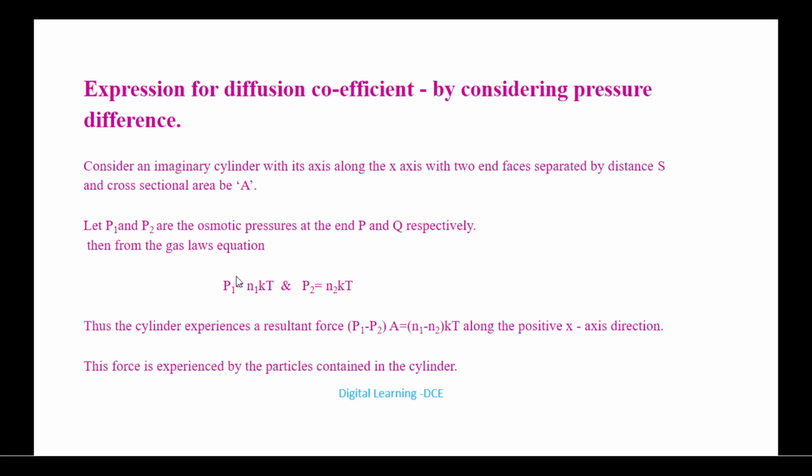Here, by using the gas laws equation, we have P1 is equal to N1 kT and P2 is equal to N2 kT. That is the pressure at the two ends of the imaginary cylinder, that is at P and Q. Then due to this pressure, the cylinder experiences a force equal to (P1 minus P2) into A, which is equal to (N1 minus N2) kT.